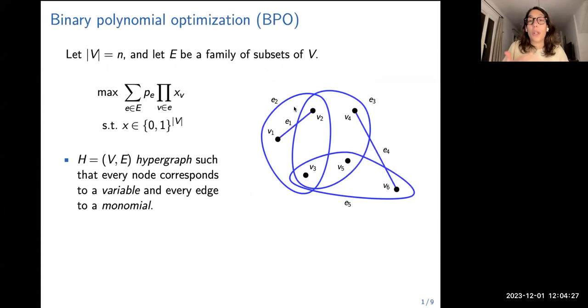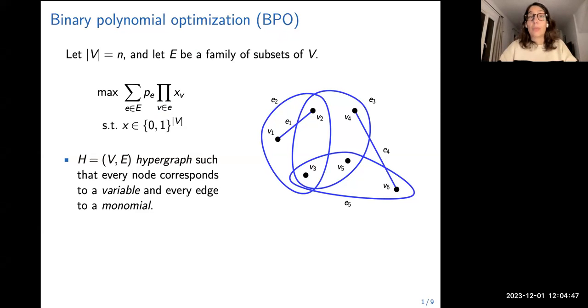So first of all, what do I mean by binary polynomial optimization? I will refer to it as BPO sometimes. This is a problem that is very simple to state, because as input we only have a polynomial function, and we want to maximize it under the only constraint that the variables must be binary.